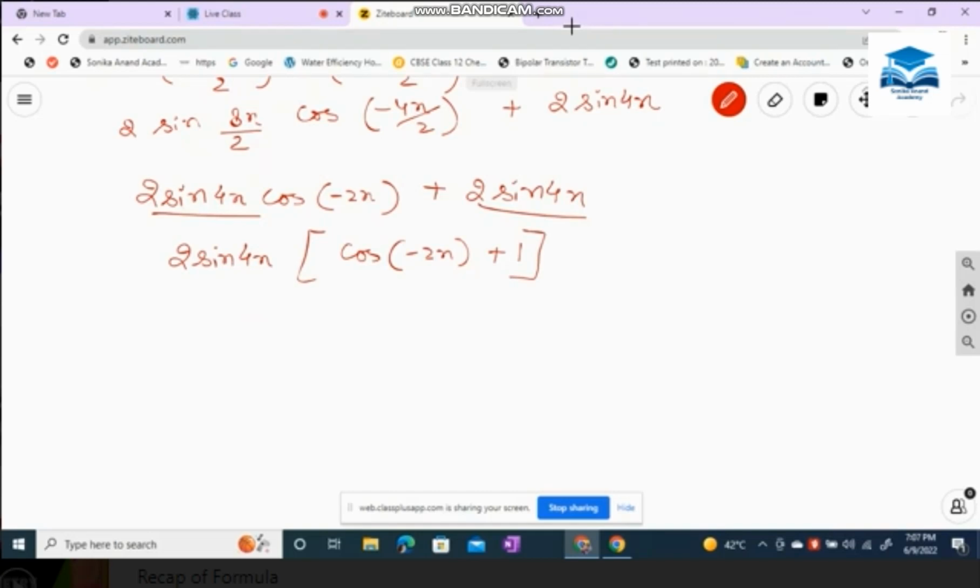When we convert it, we get 2 sin 4x, 2 cos square x minus 1 plus 1, because cos minus theta is cos theta. The minus 1 and plus 1 get cancelled. So when we solve this, we get 4 cos square x sin 4x. Now in the next lecture I will tell you something more.